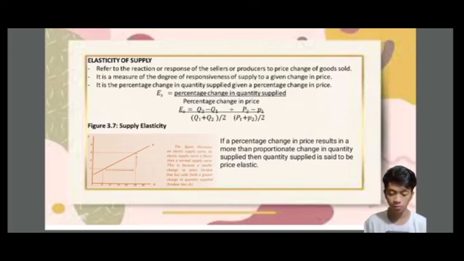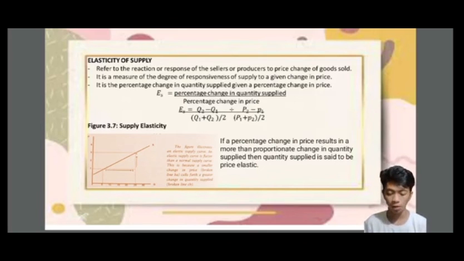So, sample. Suppose the price of rice increased from 20p to 22p. The quantity supplied increases from 100 million metric tons to 120 million metric tons. In other words, a 10% increase in the price of rice increases the quantity supplied by 20%.